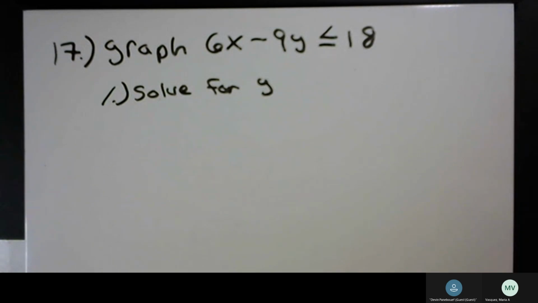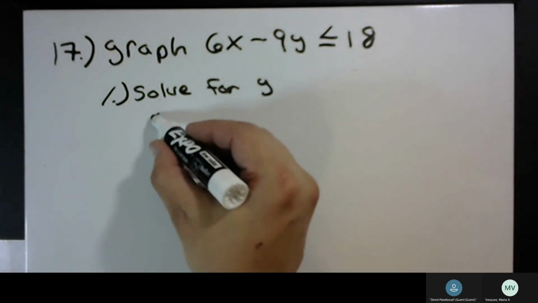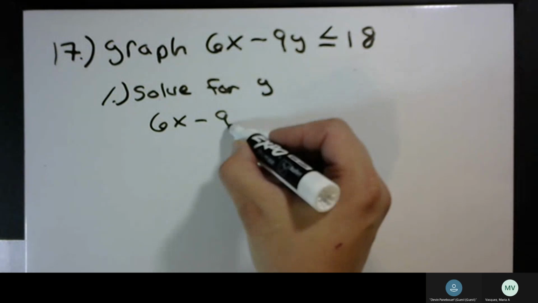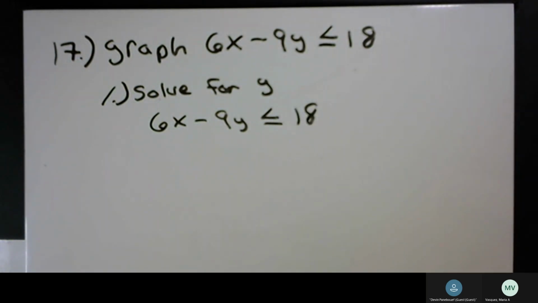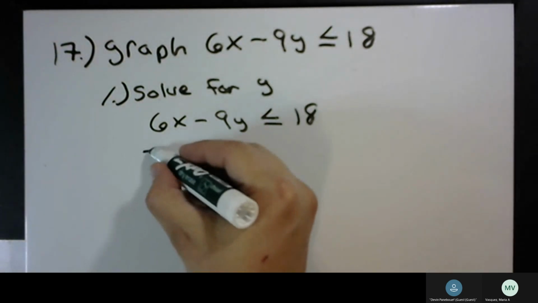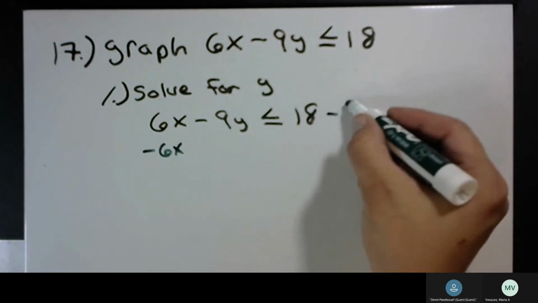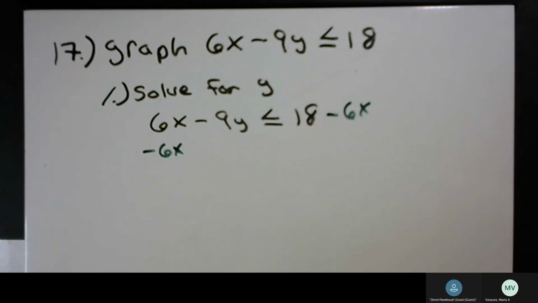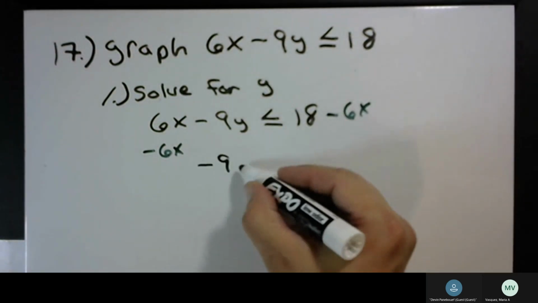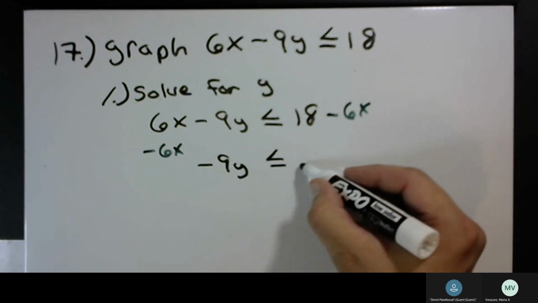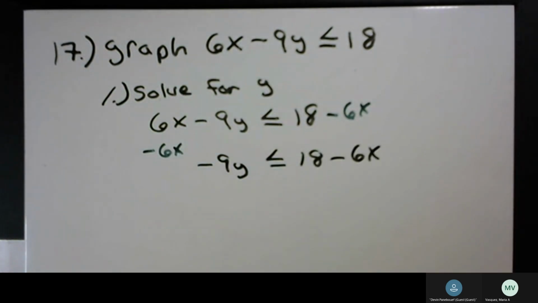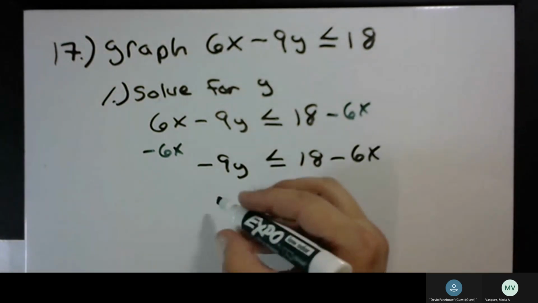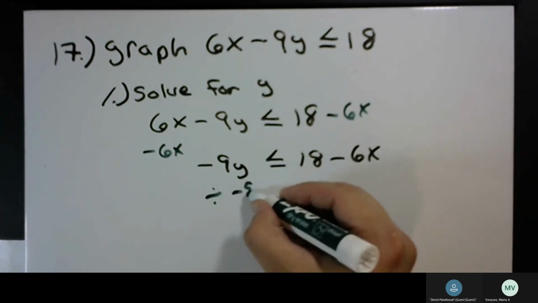Which you would do in the first method also. And then we'll divide by -9.